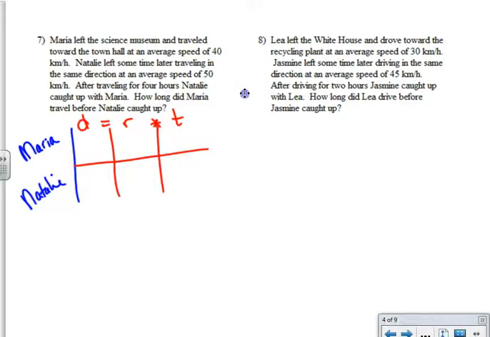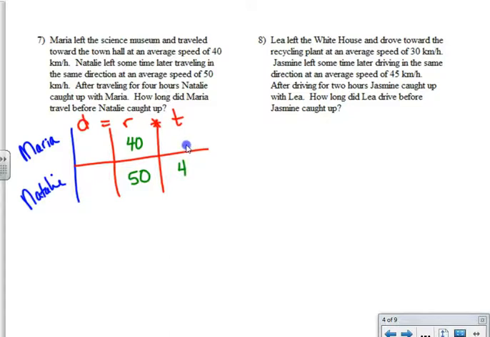Okay, let's read. Maria left at an average speed of 40 kilometers per hour. So that is Maria's rate. Natalie left, traveling the same direction, but her speed was 50. After traveling for 4 hours, Natalie caught up with Maria. So I know Natalie traveled for 4 hours, but I don't know anything else about Maria.